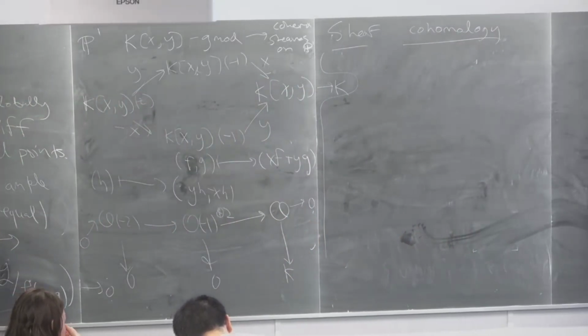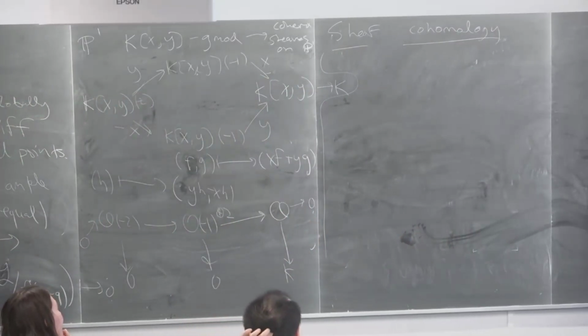So sheaf cohomology is a series of invariants of a sheaf.